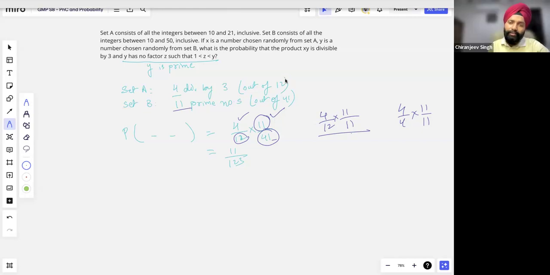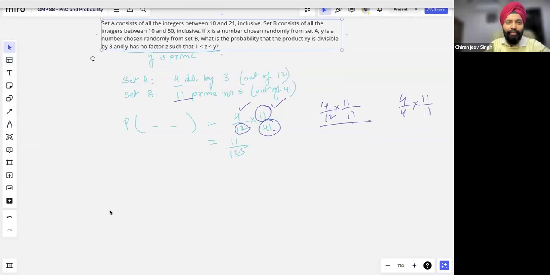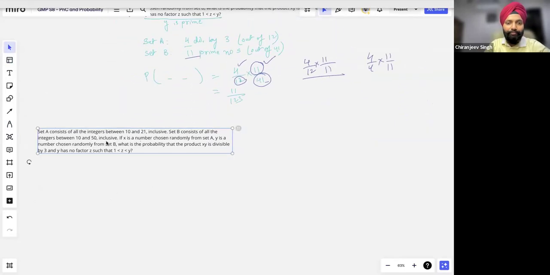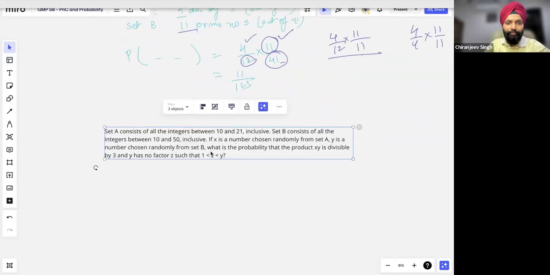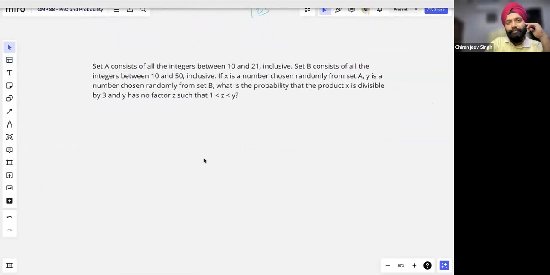So let's forget this question and talk about another variation of this question. Let's say I create this variation. Now, what will be the answer?